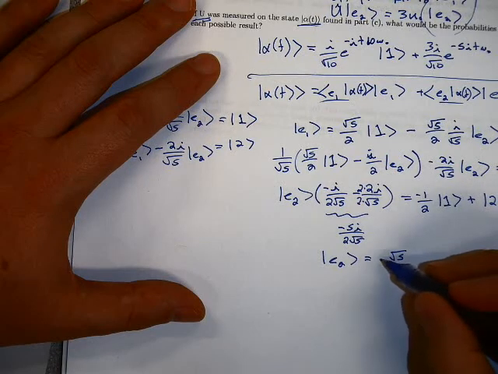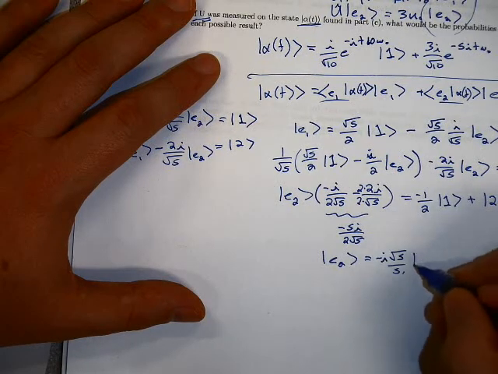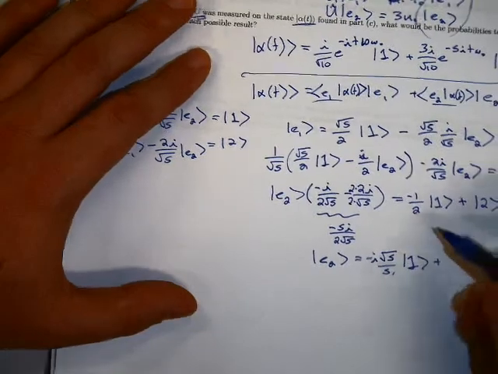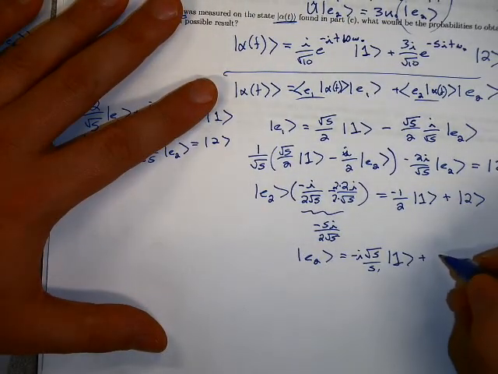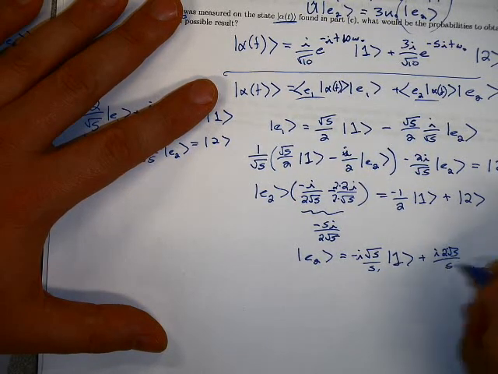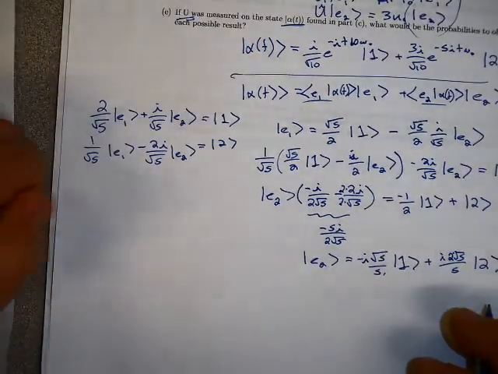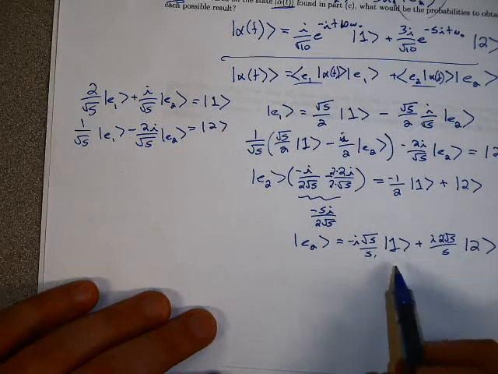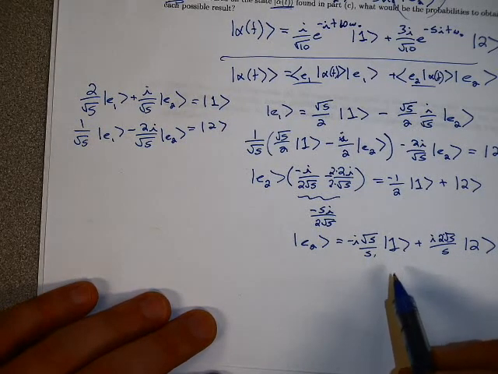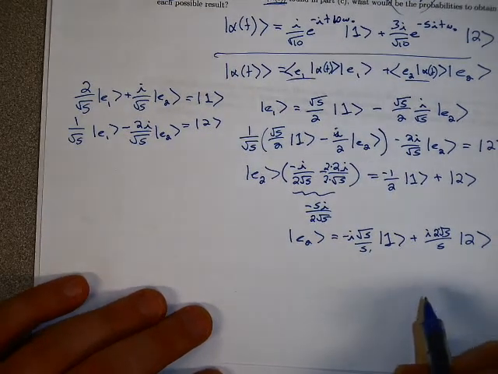So I get minus i root 5 over 5 times state 1, plus i times 2 root 5 over 5 times state 2. You might not believe it, but I bet that is normalized. If you start with normalized things, you stay with normalized things.